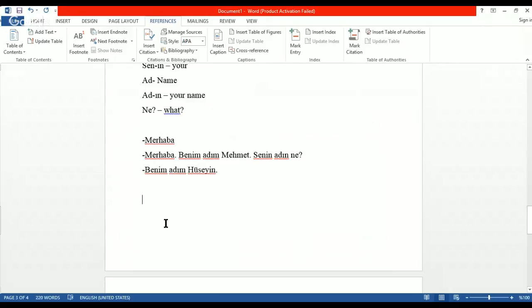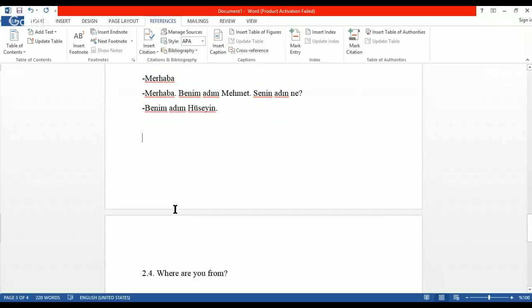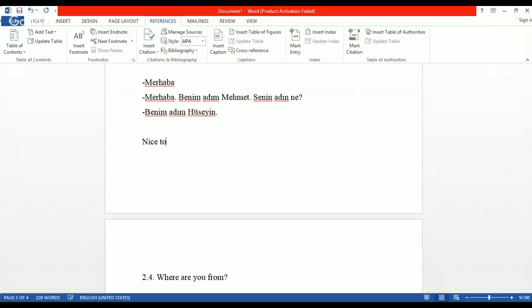So after all these dialogues, of course, you obviously notice that there's a phrase that you need to use, which is nice to meet you. So this phrase is tanıştığıma memnun oldum. Okay, so this is a bit complex to explain now, but basically tanıştığıma means meet. Memnun oldum means I was happy.